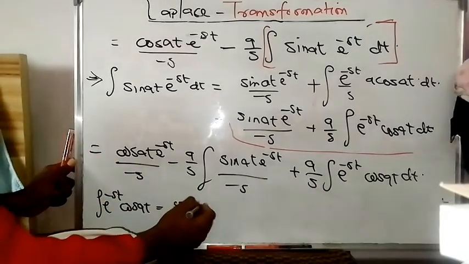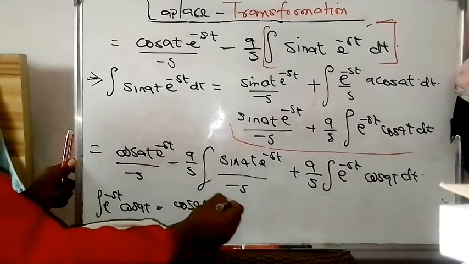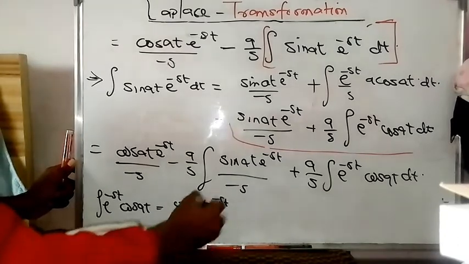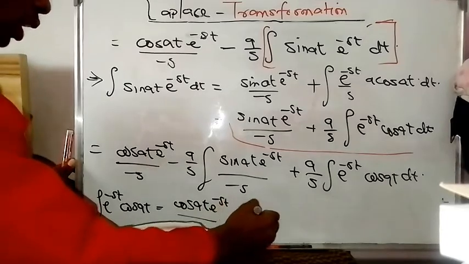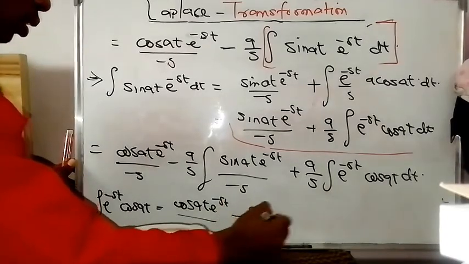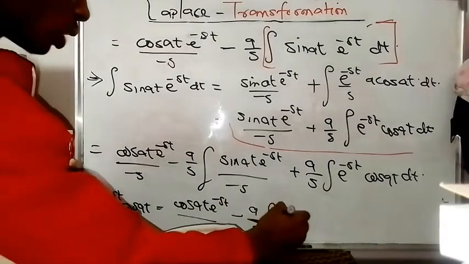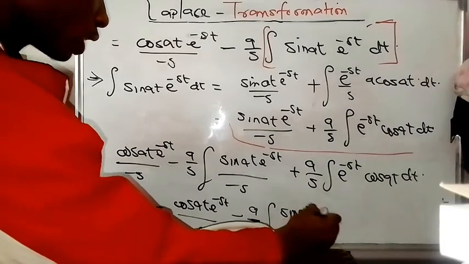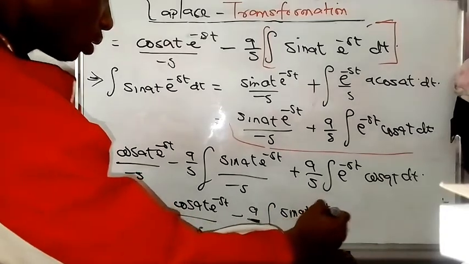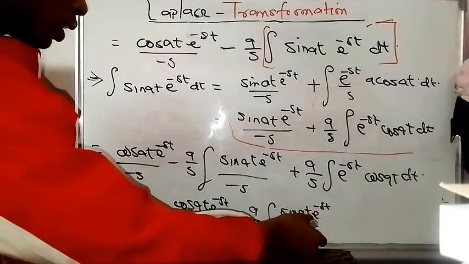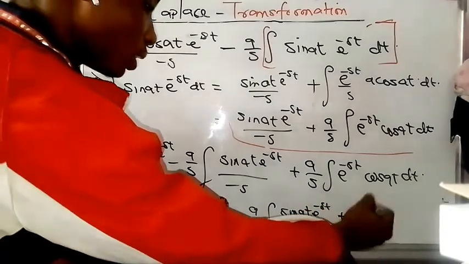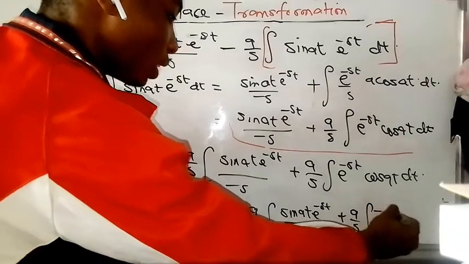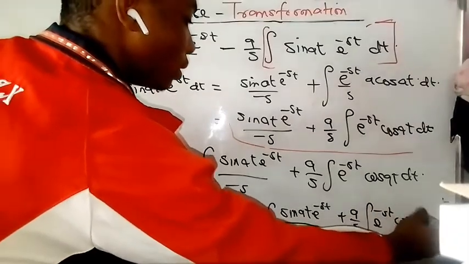So this is cos at exponential minus st divided by minus s, minus a divided by s integral sine at exponential minus st divided by minus s plus a divided by s integral exponential minus st cos at dt.